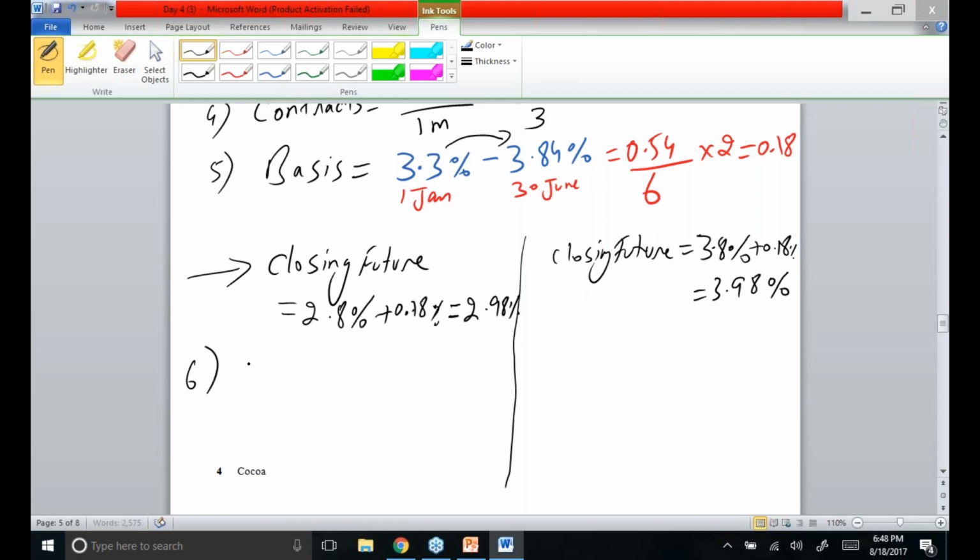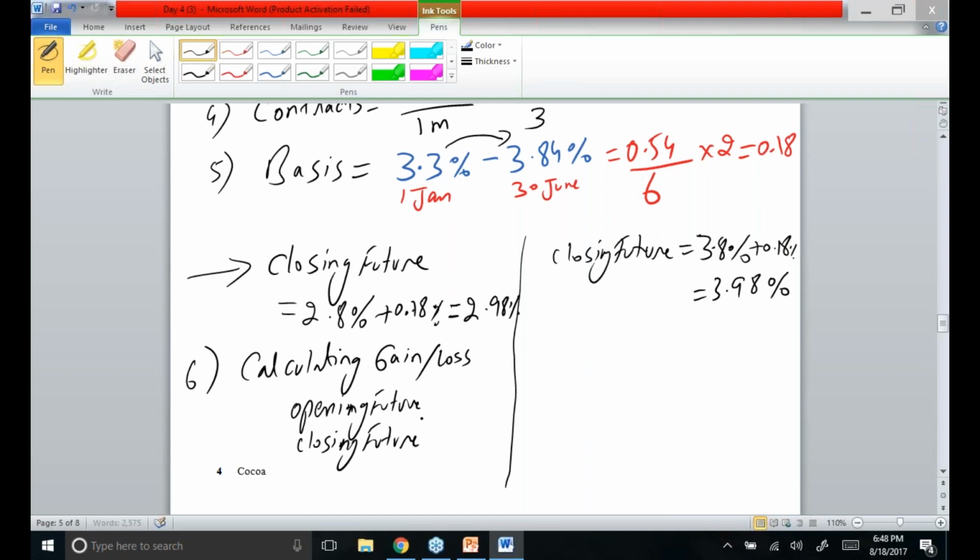Okay, the next step is calculating gain or loss. Now compare the opening future with the closing future.